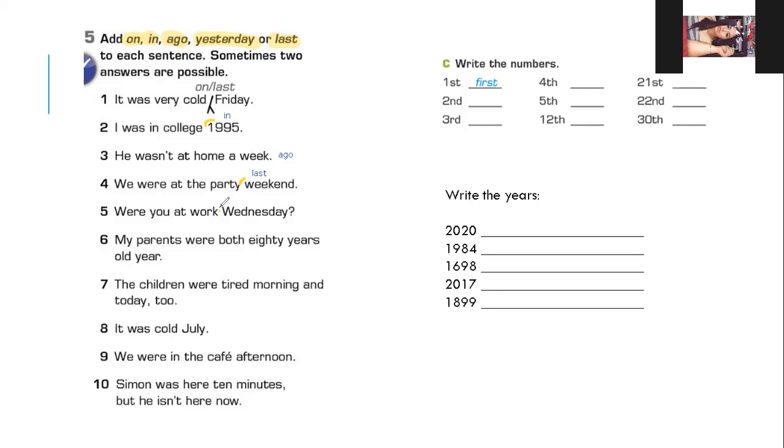On Wednesday, very good. My parents were both 80 years old year, sorry. ¿Qué me falta? Between old and year. Last, last, very good.